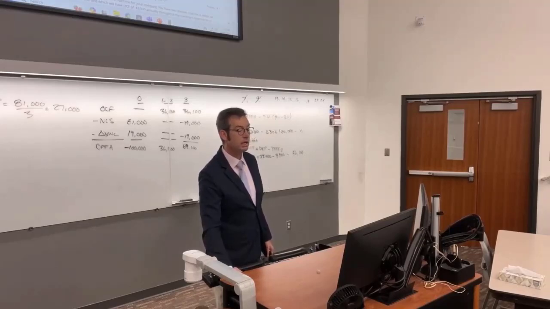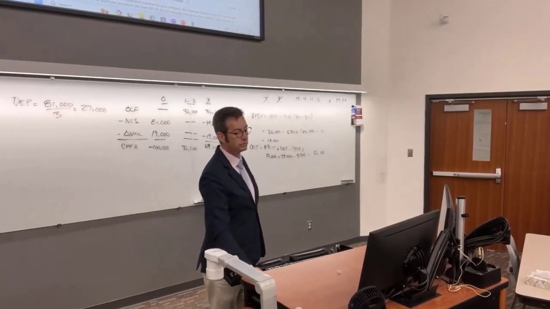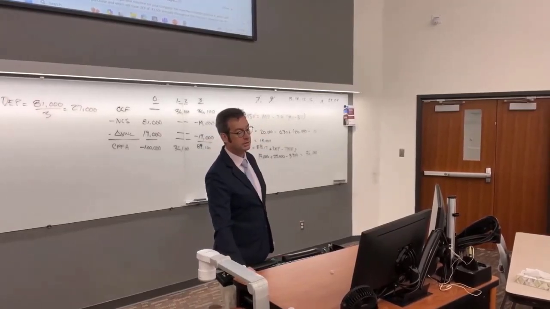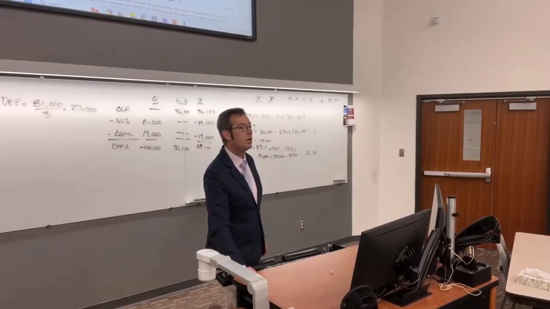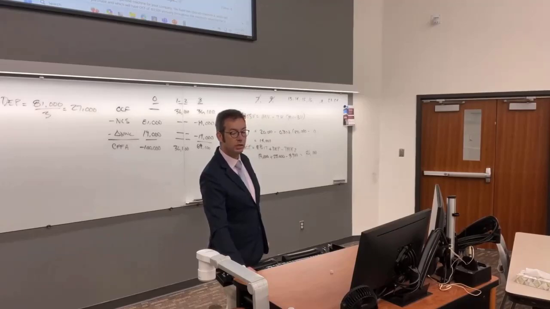Enter, arrow down. What is C02? 69,100. Enter. What button should I hit next? NPV. And what should I put in for I? 15. Enter. Arrow down. Compute.